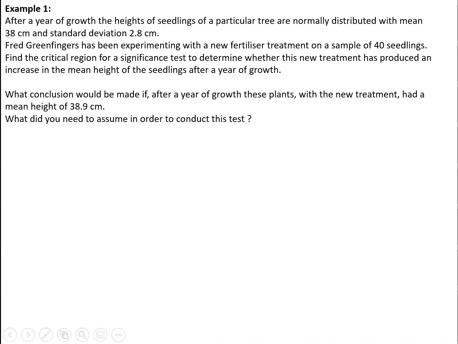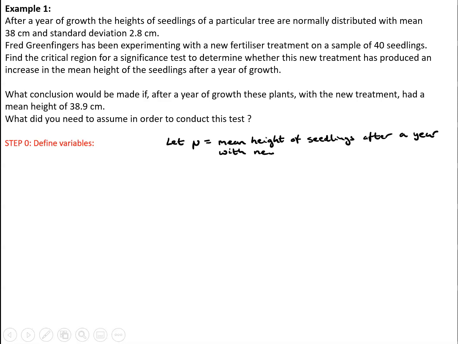To find the critical region for the significance test, we need to set the significance test up properly. So the first thing is to define our variables, and in this case we're going to let mu be the mean height of the seedlings after a year with the new treatment. Now we don't know the accurate value of mu.